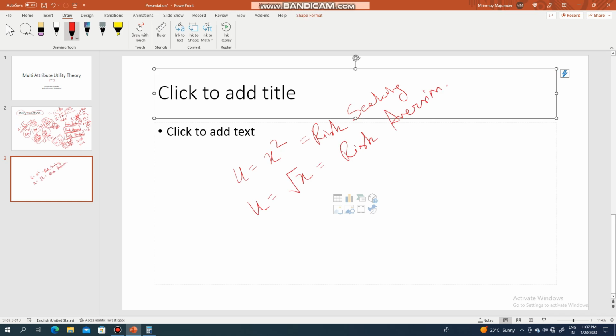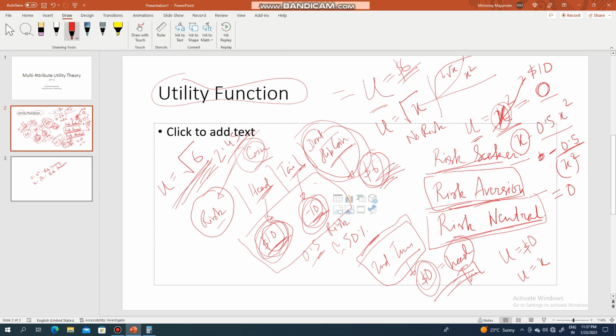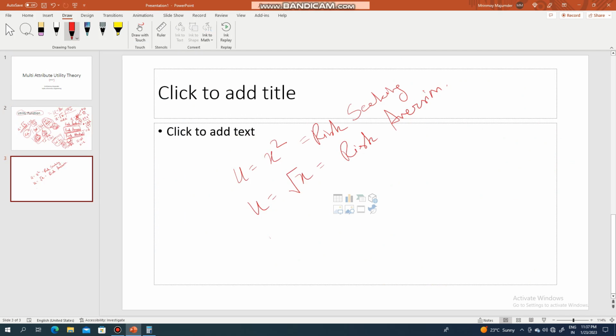So you are missing the chance of profit here by averting the risk. And when you are risk neutral, you are straight away getting the only option there, that means $0. So you see, there are three different options with three utility functions that can be used in decision making.